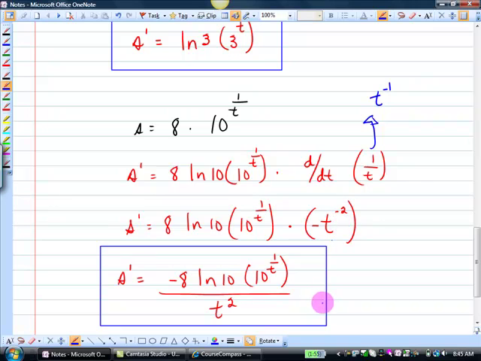Okay? Now, from that step to this, the only thing that happened was the negative goes to the very front, and this t to the negative 2 I put on the bottom, t squared. Generally, they want answers without negative exponents, generally. Okay.